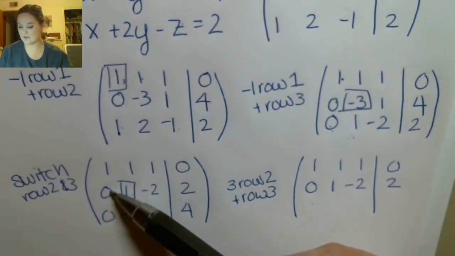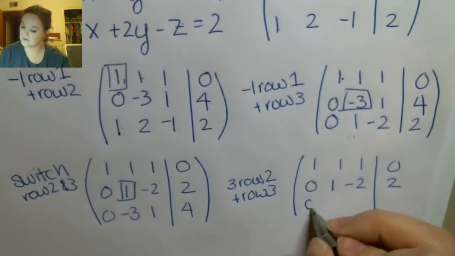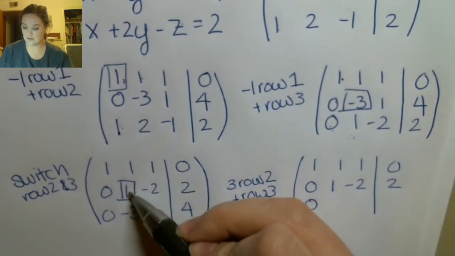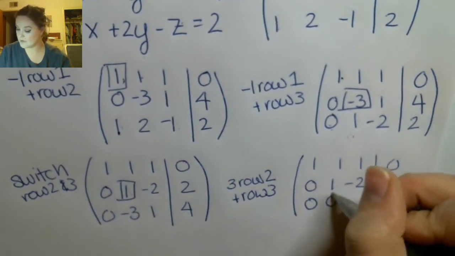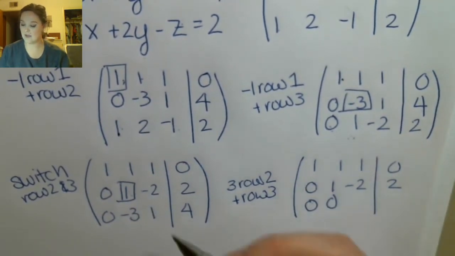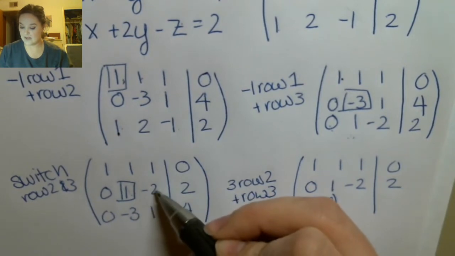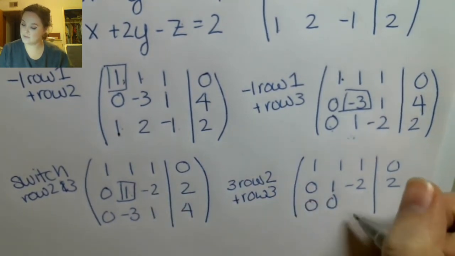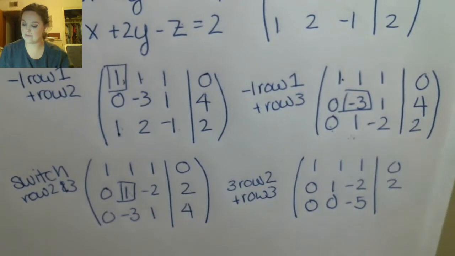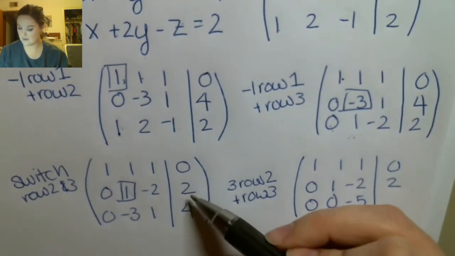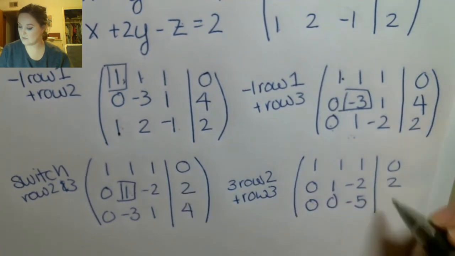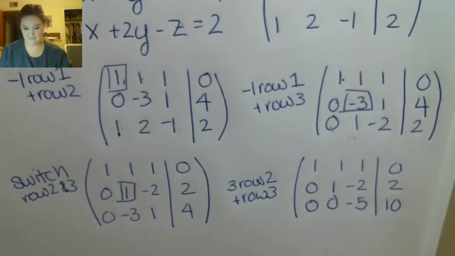So 0 times 3 is 0, plus 0 is 0. 1 times 3 is 3, plus negative 3 is 0, which is what we wanted. Now 3 times negative 2 is negative 6, plus 1 is negative 5. 3 times 2 is 6, plus 4 is 10.